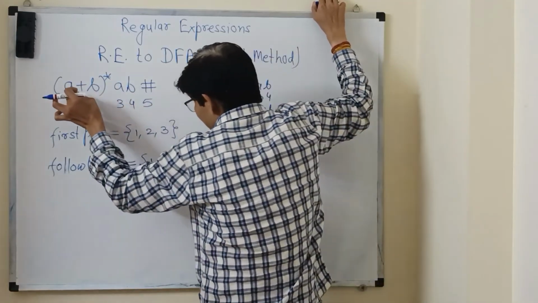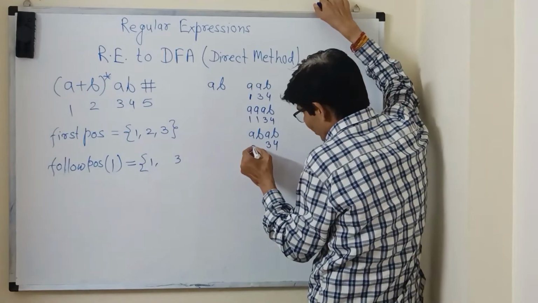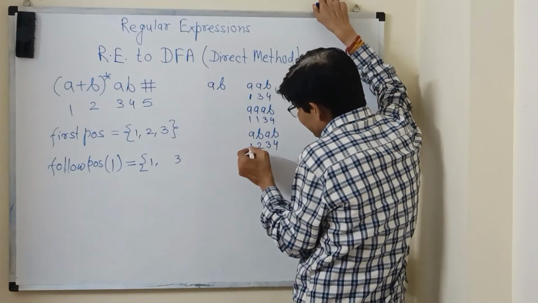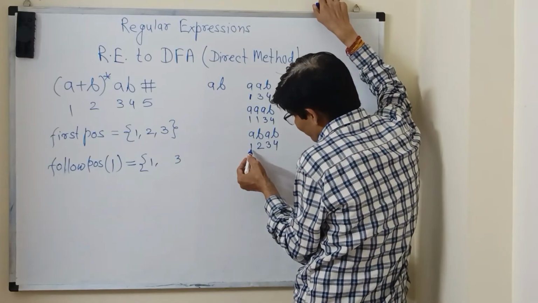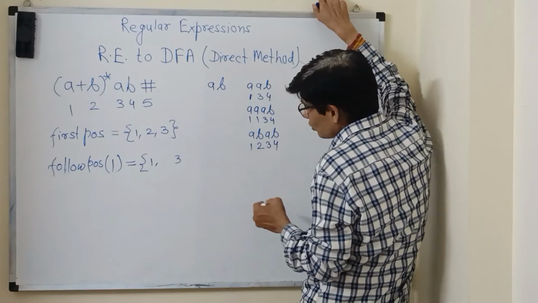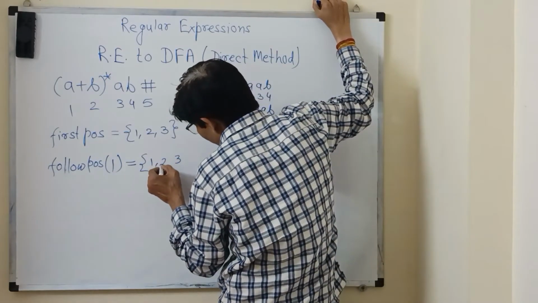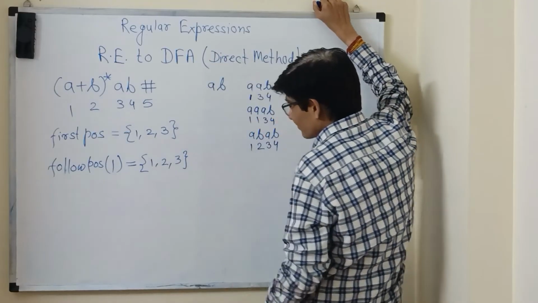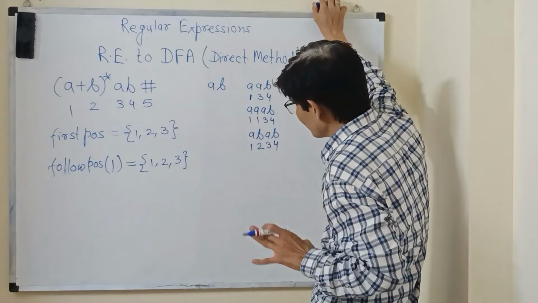So the A inside the Kleene closure is 1, B inside the Kleene closure is 2. So in this case, you can see, my friend, 1 is followed by 2 also. So we can include 2 as follow of 1.